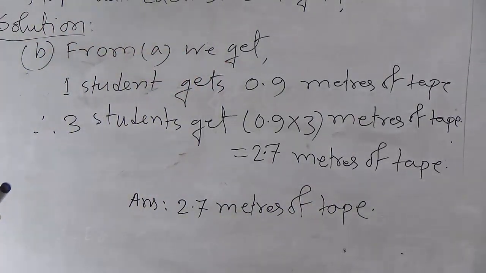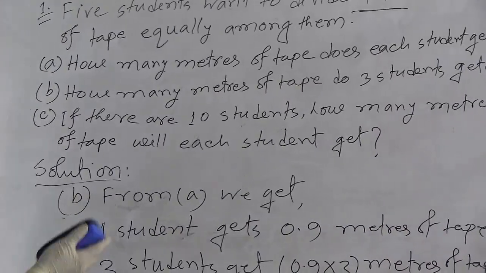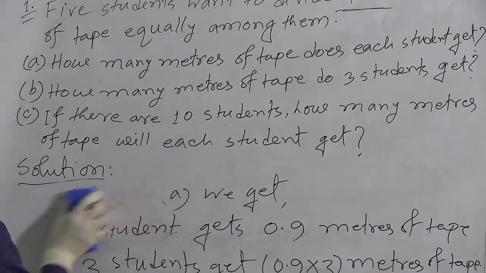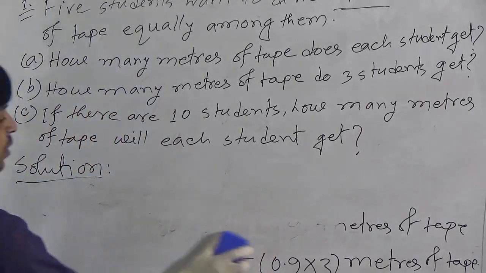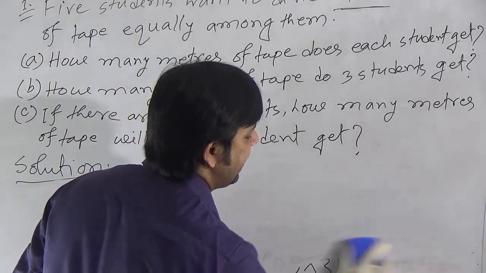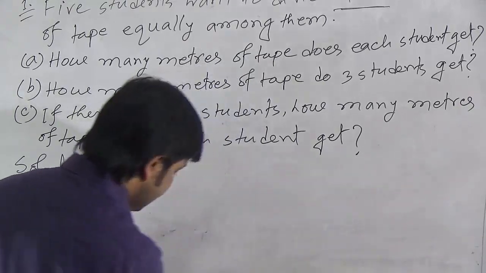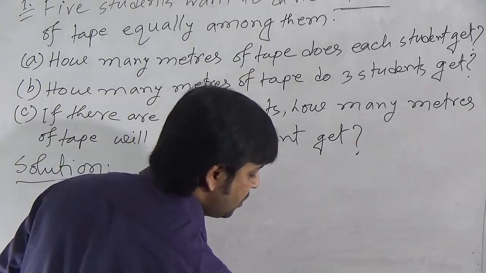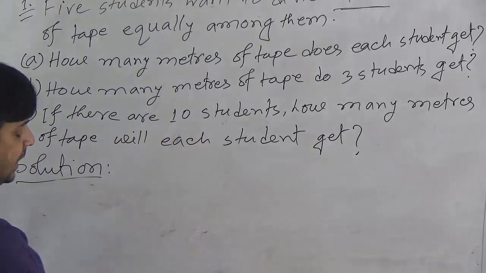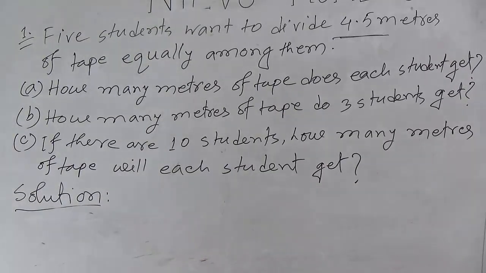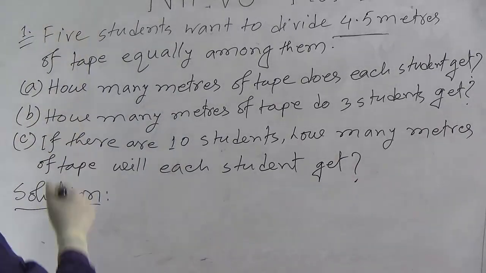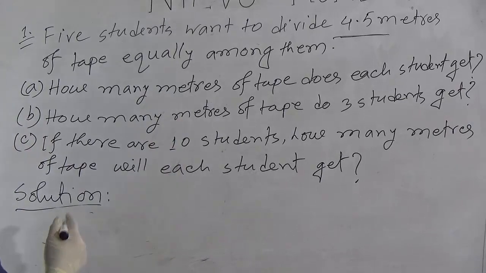Now let us see the next question, question C. If there are 10 students, how many meters of tape will each student get? It means that now the total number of students is 10. We have to divide 4.5 meters of tape among the students equally. So we have to divide 4.5 by 10.